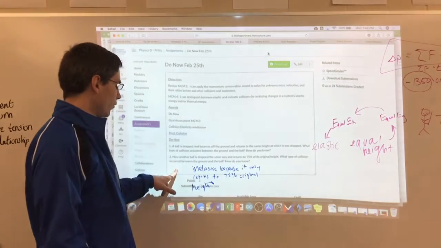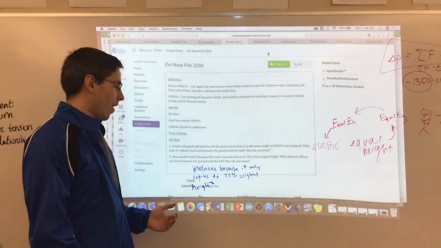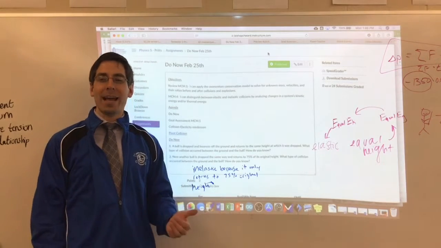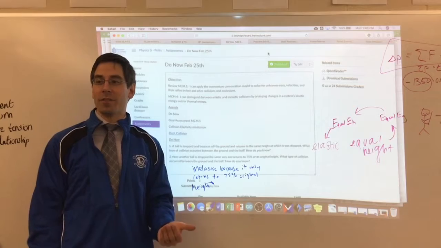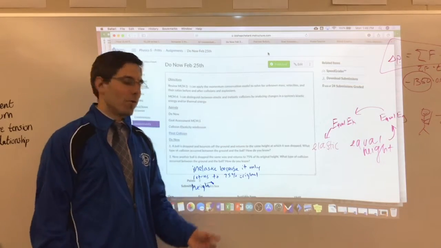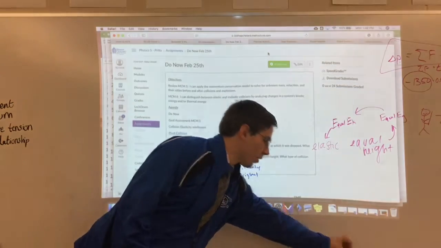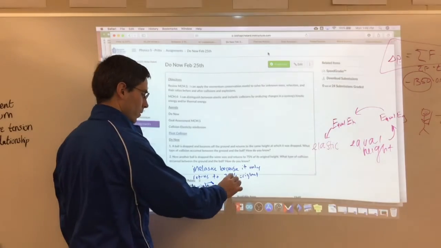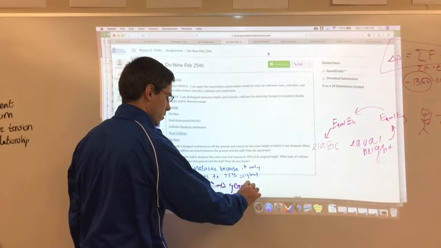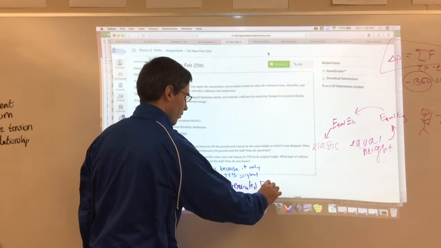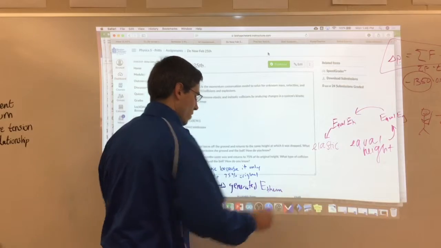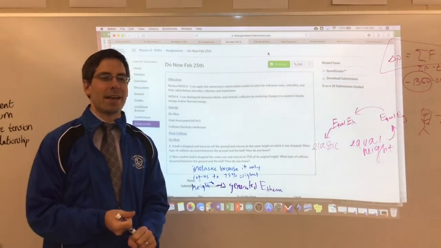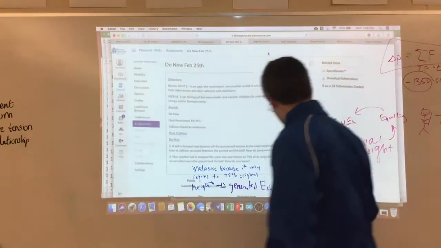For the second question, if it's only going 75% of the way up, now we do not have the same gravitational energy, all right? We lost some energy, so we generated some sort of thermal energy in the bounce, and if we generated thermal energy, that means that the kinetic energy is not conserved.